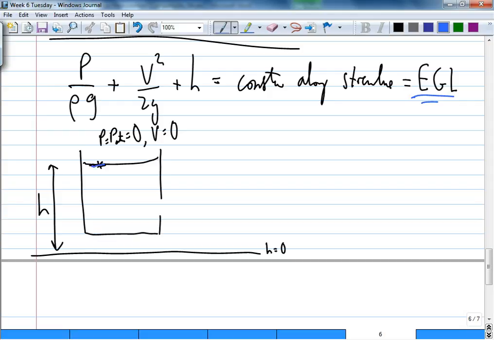So the EGL line starts here. EGL is energy grade line. Is that okay? Hydraulic grade line. Then we have a pipe. Pipe goes up, down, up, down.